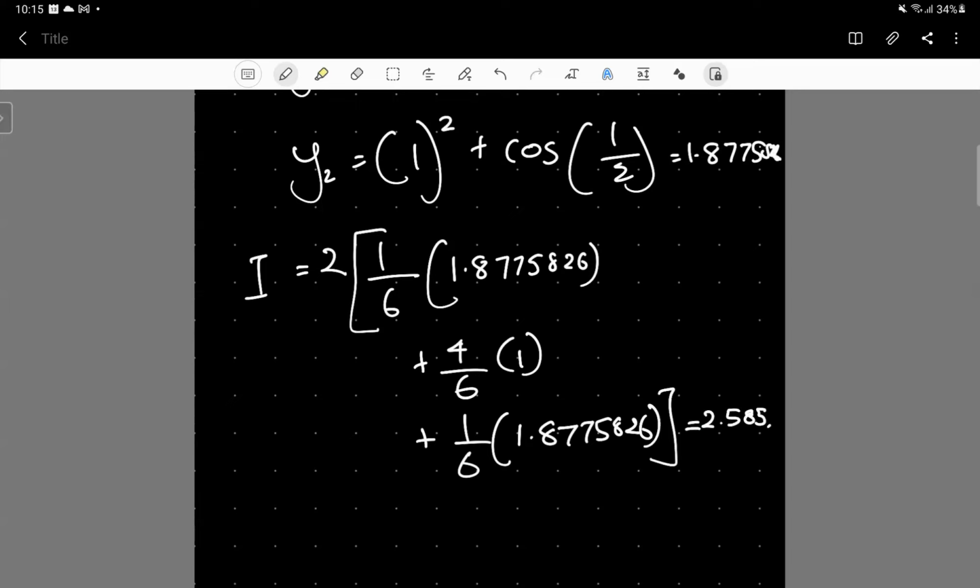If you can remember, this method also provides the same results as given by the exact solution.